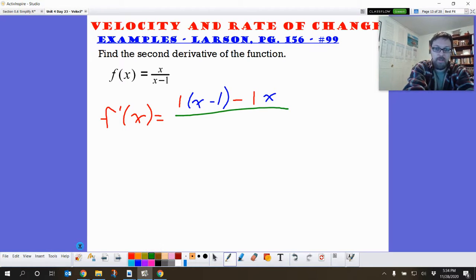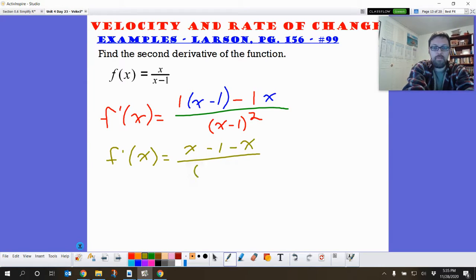And then this is going to be all over what was on the bottom, x minus 1 squared. So f prime of x equals x minus 1 minus x over x minus 1 squared. Those two x's will zero out, so we get negative 1 over x minus 1 squared.